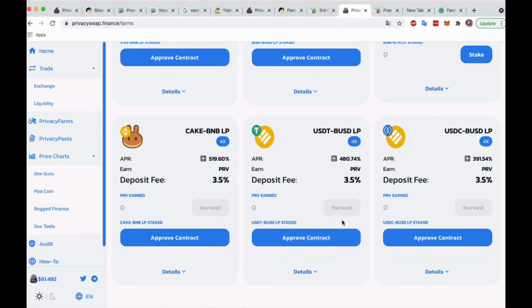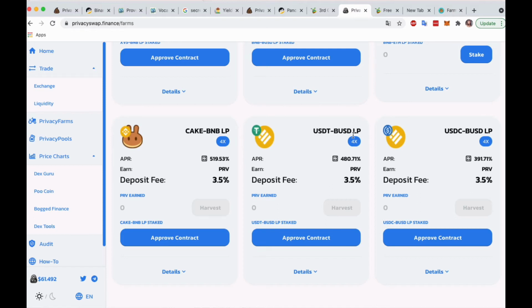Now, what is good about such an arrangement is that the USD pair will forever be 1 to 1. So whatever you make is a pure profit, and there's zero chance of your underlying capital being depreciated.